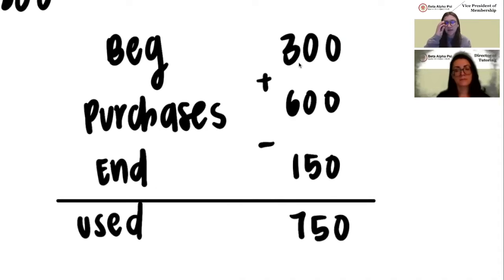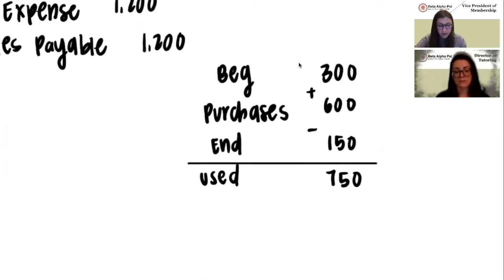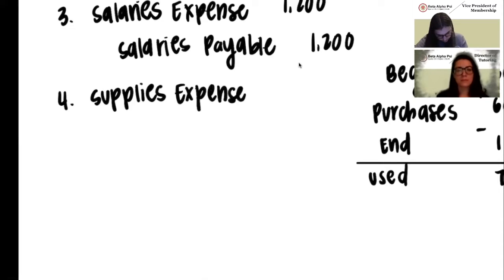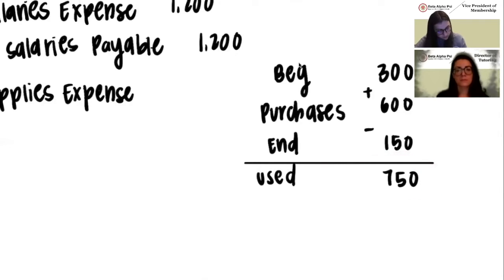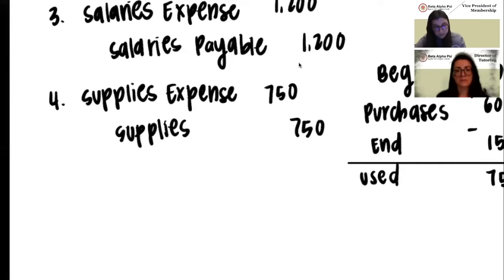So if we're looking at our supplies account right now, there's $900 worth of supplies in our account. But we did a physical count at the end of the year and we only have 150. So we need to expense what we haven't used and take it out of our supplies account. So that journal entry is going to be a debit to supplies expense for the amount that we used, 750, and a credit to supplies because we no longer have those supplies. We use them for $750.